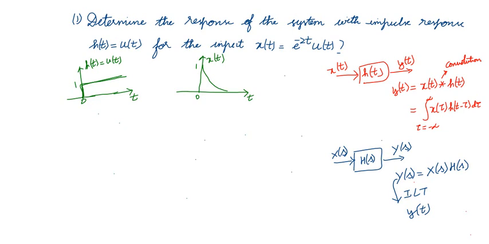Now, if you are convolving these two using the time domain, it would be very difficult. We have to fold, convert everything into tau, multiply, and integrate. That is very tedious. So instead, we are going to take the Laplace transform of h of t and x of t. We very well know the Laplace transform of the unit step signal: H of s is 1 by s.